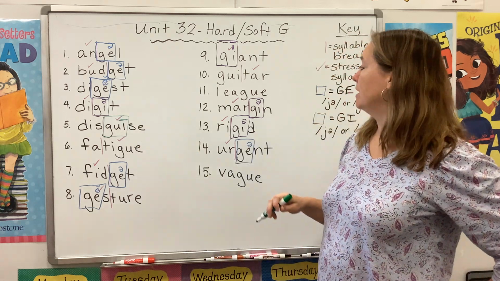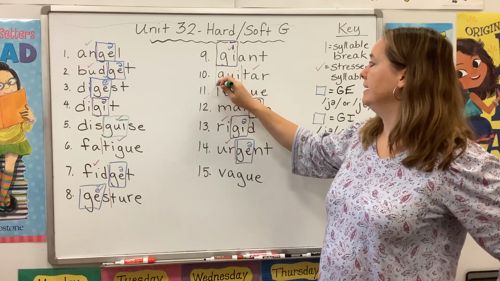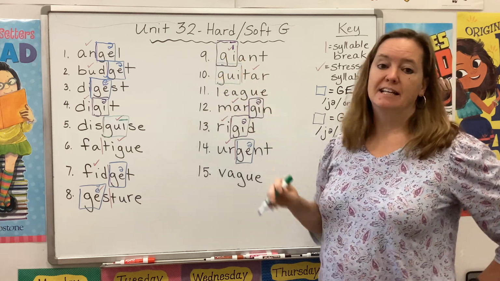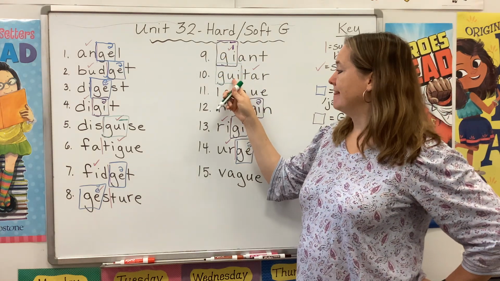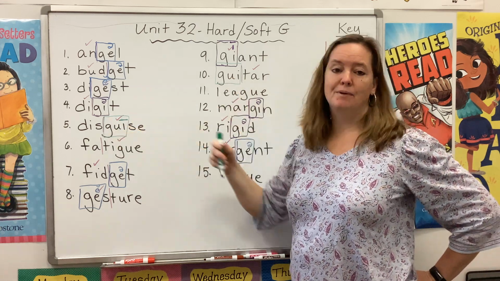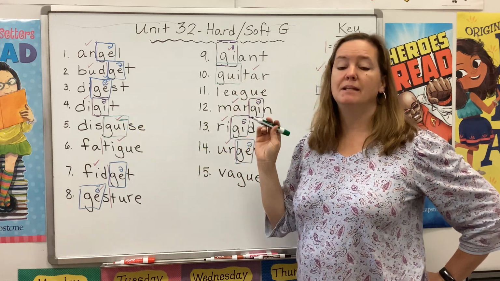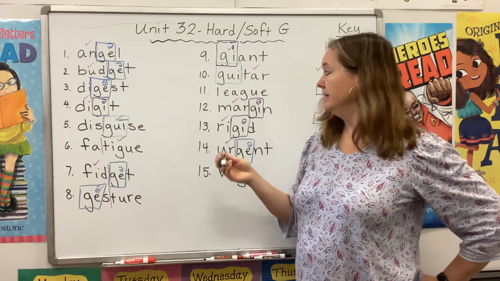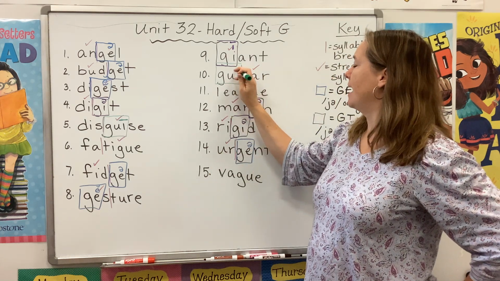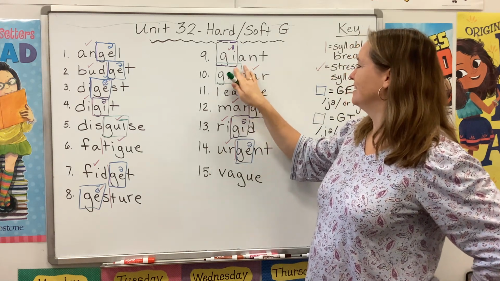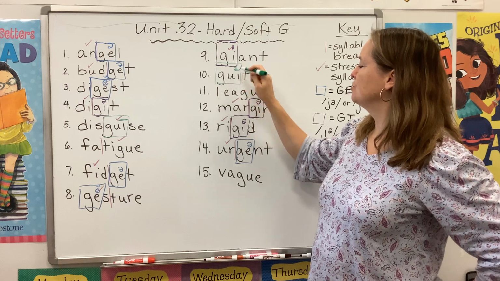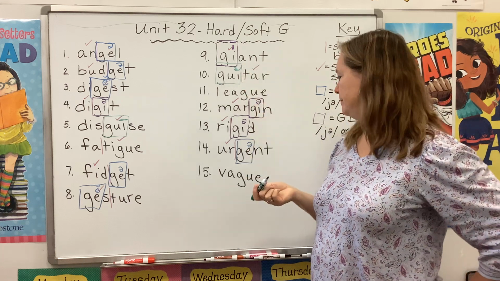Now, we also see GUI in guitar. Again, that U is separating the G and the I, so it's keeping the G hard, but this time the I is short, guitar.